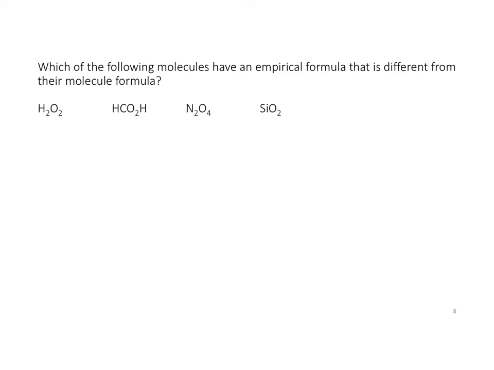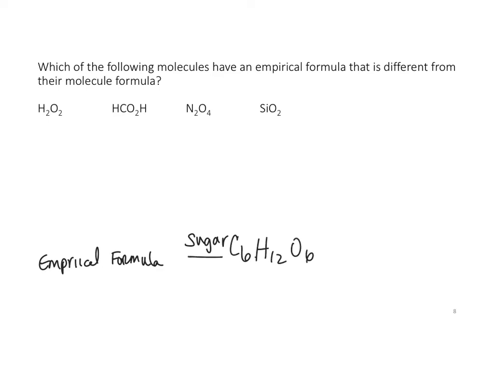Which of the following molecules have an empirical formula that is different from their molecular formula? All right, your empirical formula is in the lowest terms. Like when you eat table sugar, that is C6H12O6, and that is produced by photosynthesis, so you might have seen that.